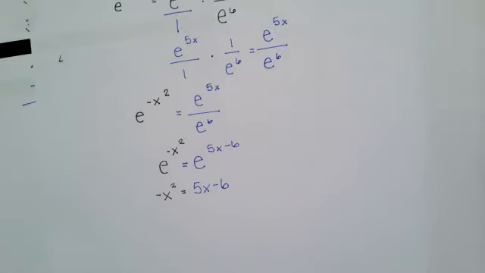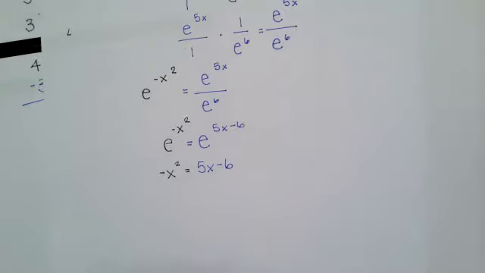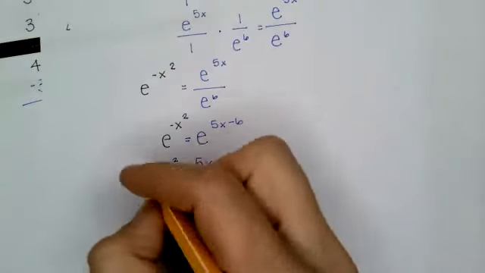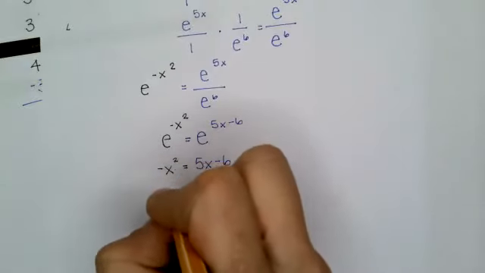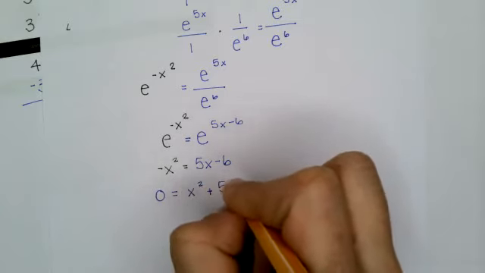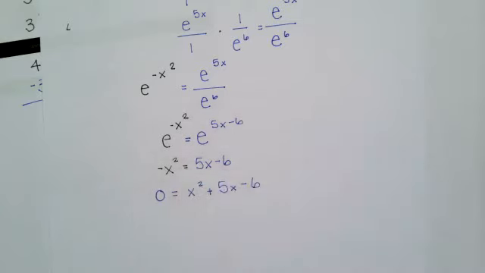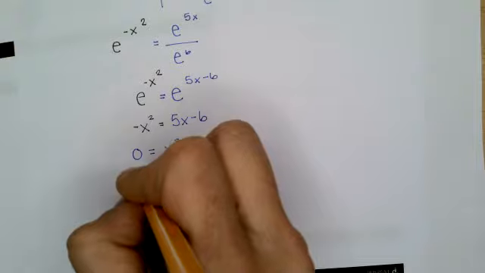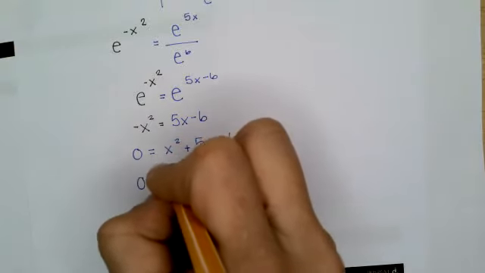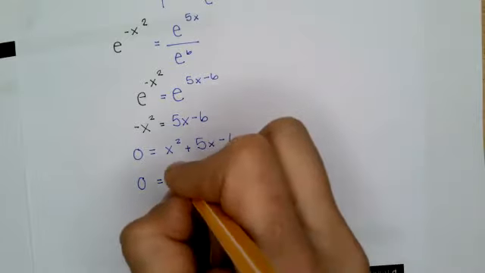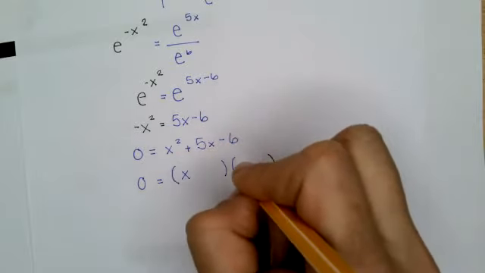Good. Now we have an x squared, we have an x, and we have a constant. So I'm going to put it into standard form. Then either solve it with the quadratic formula, or I can try to factor it, right? A is 1, B is 5, C is negative 6. So that'll be x times x, right?